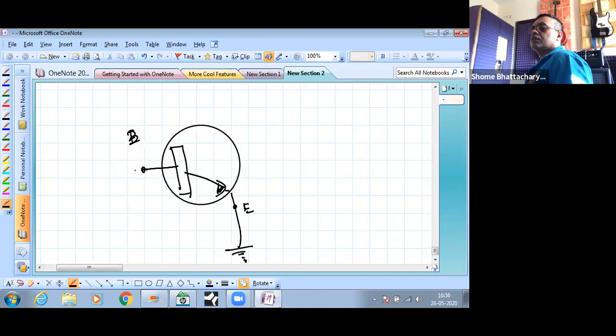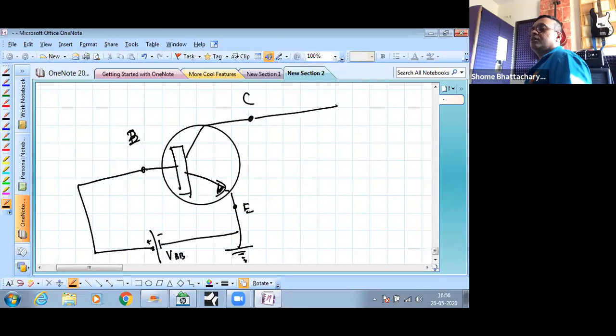The base pin is being connected using this DC source so that it is forward biased. The base emitter junction is forward biased, and the collector junction, the collector base junction rather, is reverse biased using this.